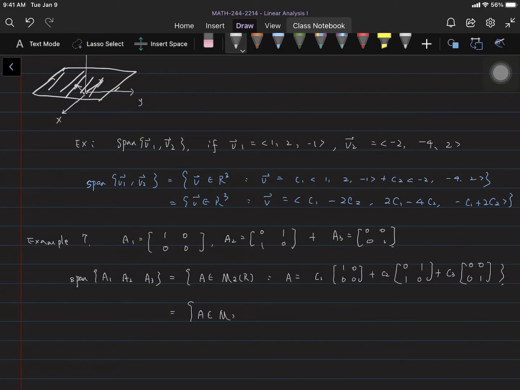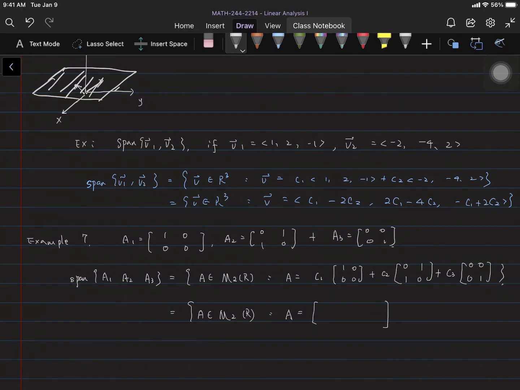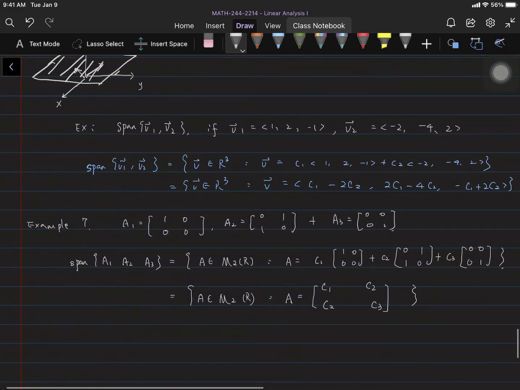A belongs to M2R, and every such A has this form. If we add those three matrices together, the first position, 0, 0, should be just C1, right? And this position should be 0 plus C2 plus 0, which is C2. Same thing, we add those three together, corresponding components. So it's C2 here, and here is C3.